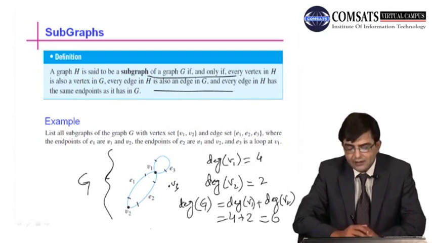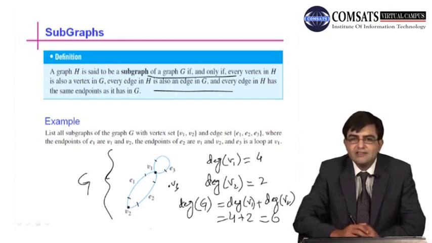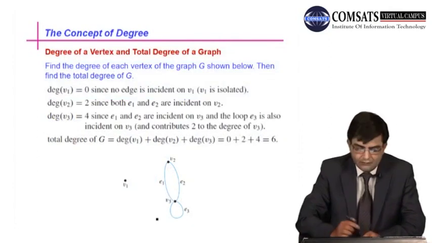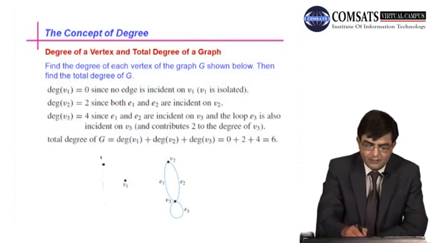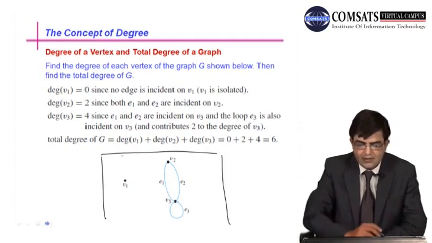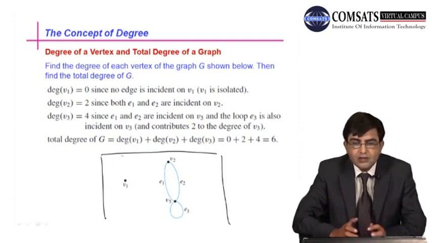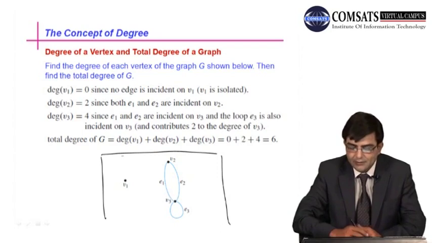So if we have isolated vertices in any graph, then the degree of all those isolated vertices will be 0. Here is another example.